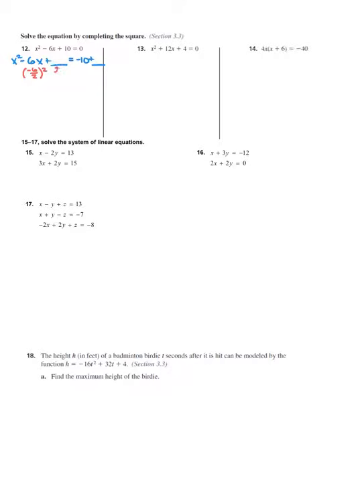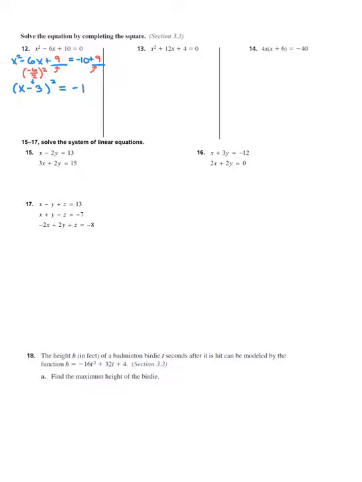So 3 squared is 9. It'll always be a positive number because you squared it, and you're always adding. And then we're ready to factor. So this will always be x, whatever's inside the parentheses here, minus 3 squared equals negative 10 plus 9, which is negative 1.